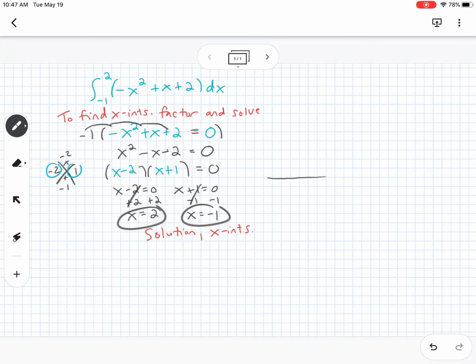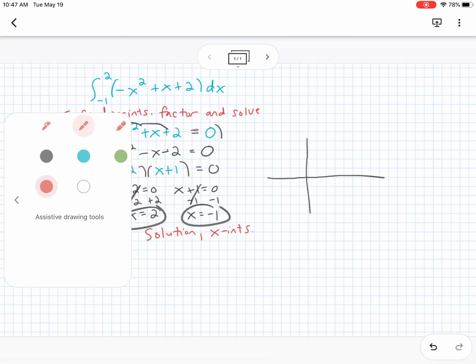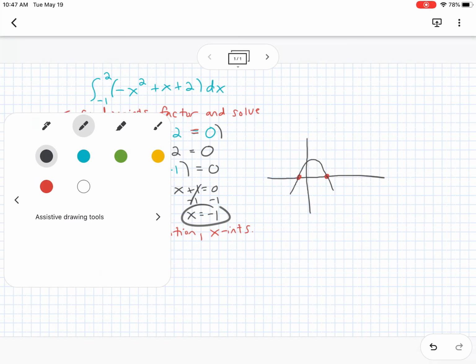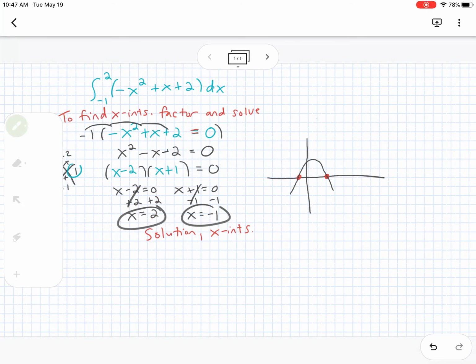So if I have +2 and -1, those are going to be the x-intercepts. But then the next question is, well, I guess that's it, because the main thing is to understand the boundaries here.